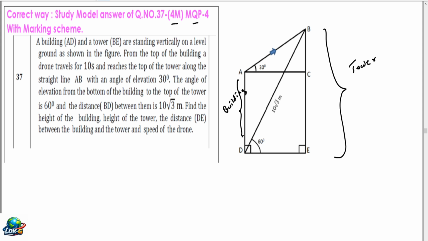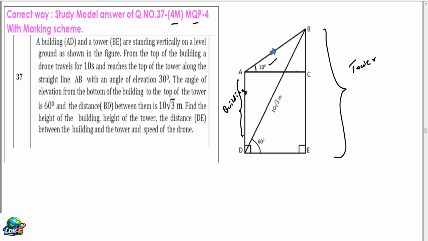From the top of the building, a drone travels for 10 seconds and reaches the top of the tower along the straight line AB with an angle of elevation of 30 degrees.